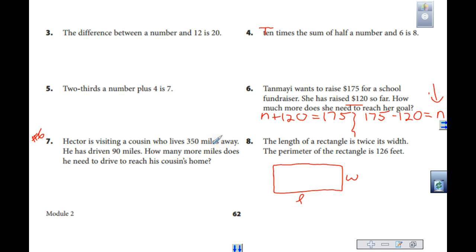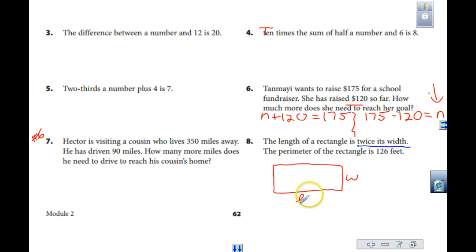What does perimeter mean? Hold on. That's the distance all the way around. Like you're counting how many feet it was to walk around a park or something like that. So, in this case it says the length, instead of using length, you're going to say the length is twice the width.